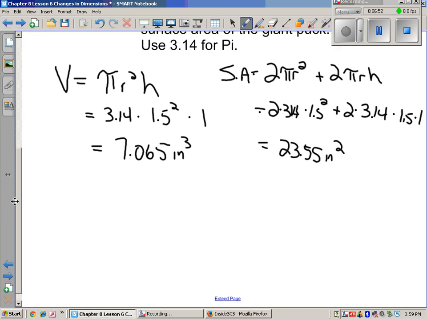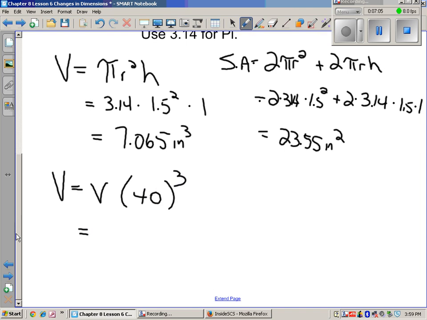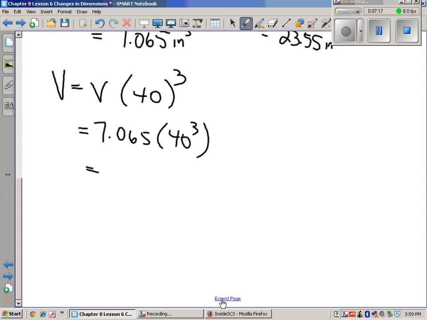Once again, we're going to find the volume of the giant puck. We're going to take the volume of the original times the scale factor of 40 and cube it. Substitute: volume is 7.065 times 40 cubed. Multiply that out, and the volume of the giant puck is 452,160 inches cubed.